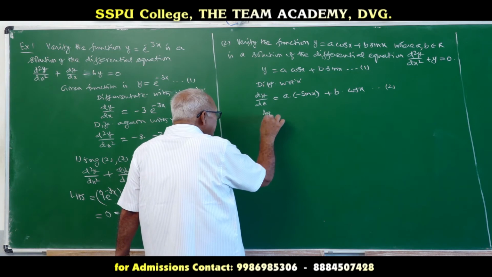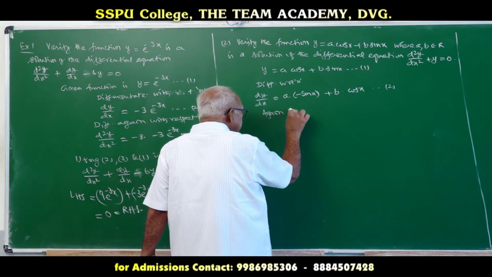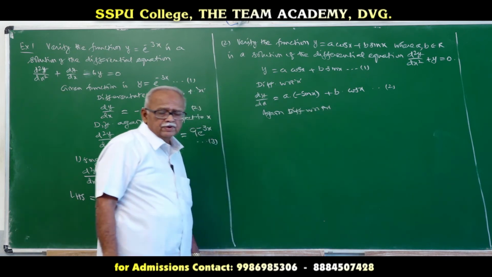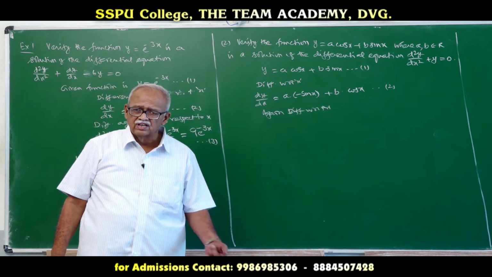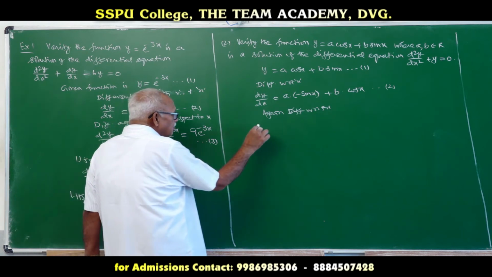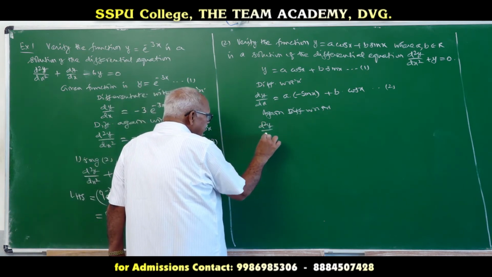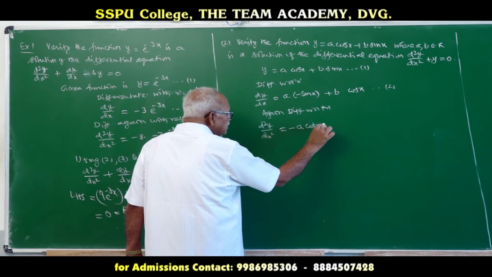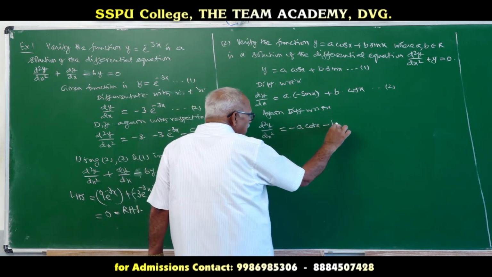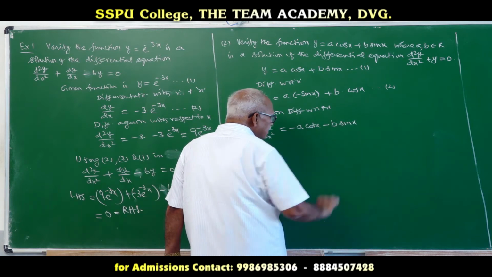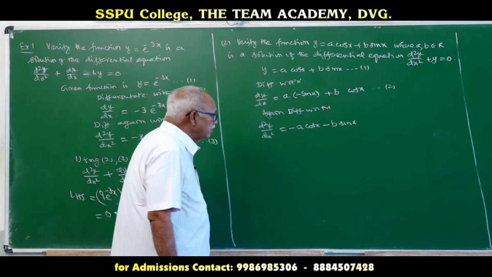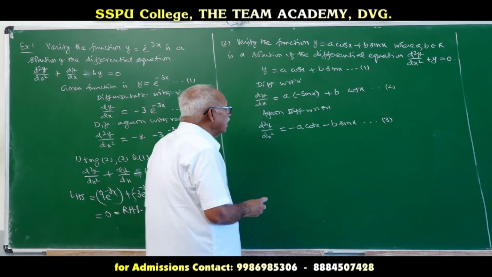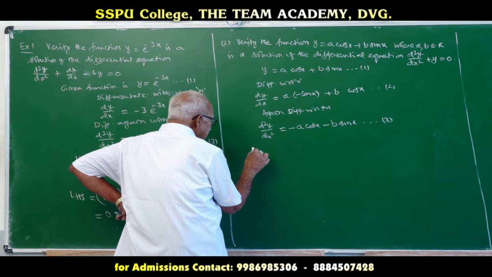Now, again differentiating with respect to x, differentiating dy by dx, we get d square y by dx square is minus a cos x, and differentiation of cos x is minus sin x, so minus b sin x. So, this is equation 3.